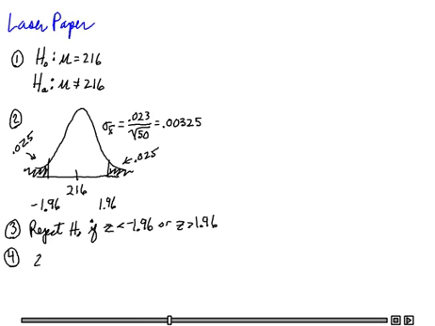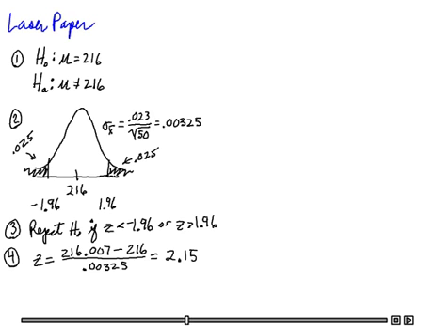Step 4, we'll calculate the test statistic on our sample average of 216.007 to see how far away that is from 216 in standard units. And that value turns out to be 2.15 standard units to the right.